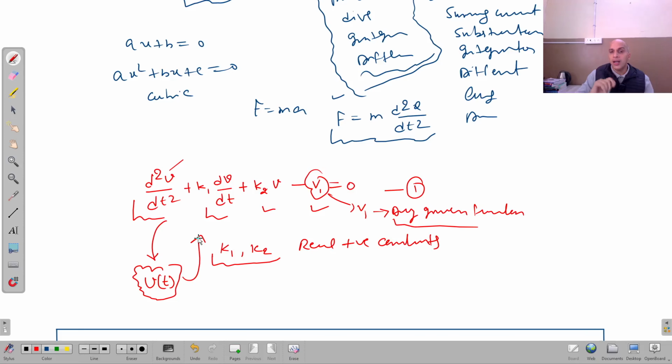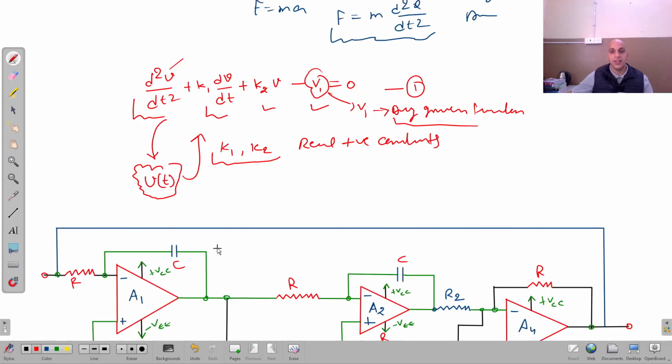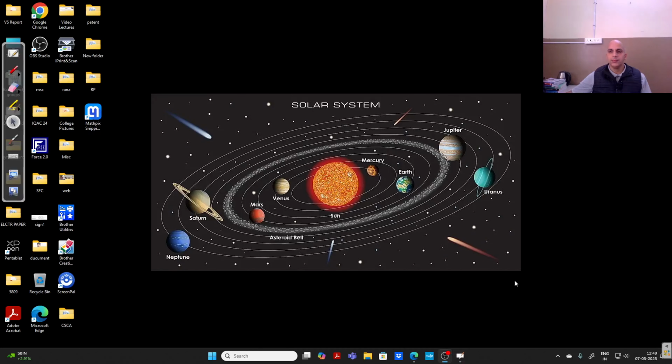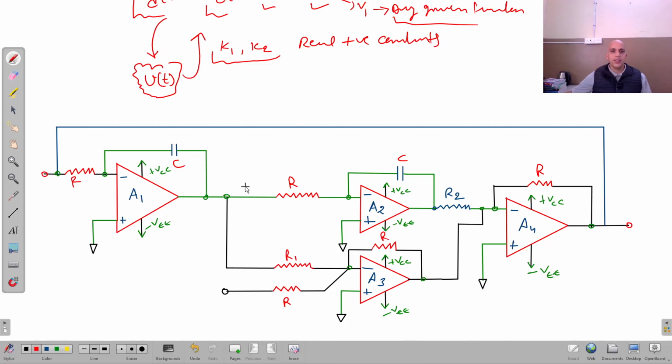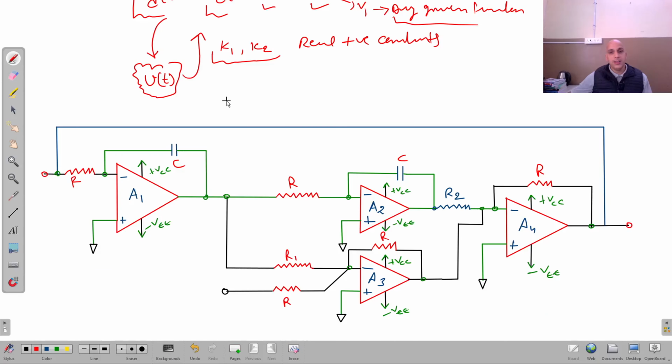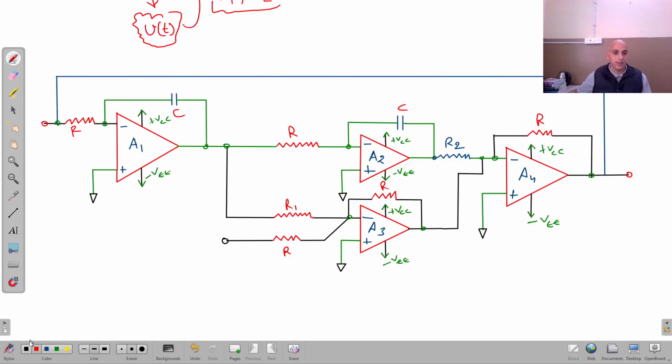So now I will design a circuit to solve this differential equation. You can see here the circuit that I have designed for solving this differential equation, right? In this circuit, you can see the different components.